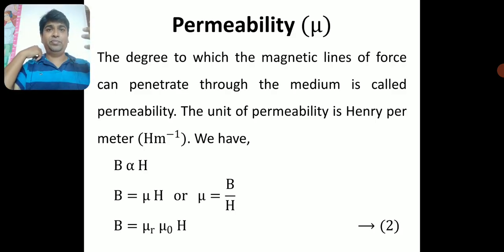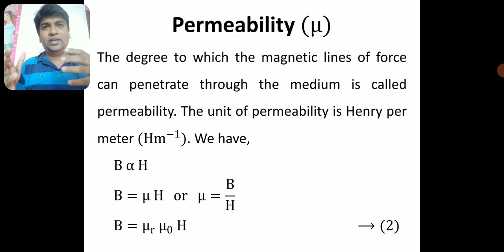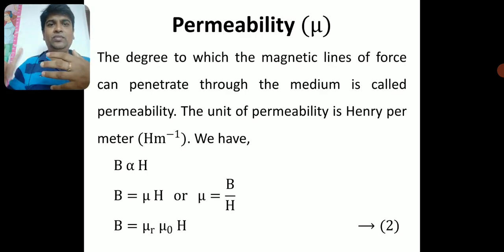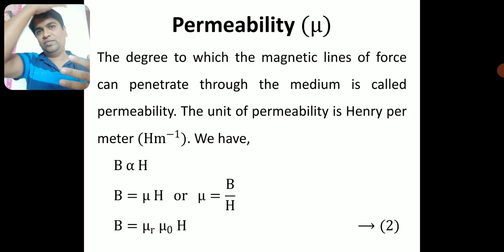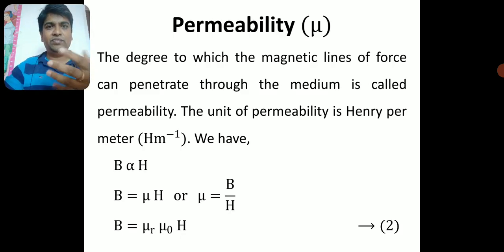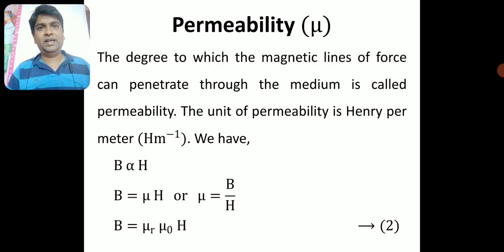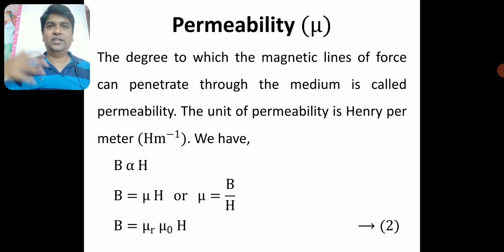If mu is more, the magnetizing force H you are applying will produce more magnetic induction. If permeability is more, if the degree of allowing the magnetic lines is more, then the material is magnetized to a greater extent.